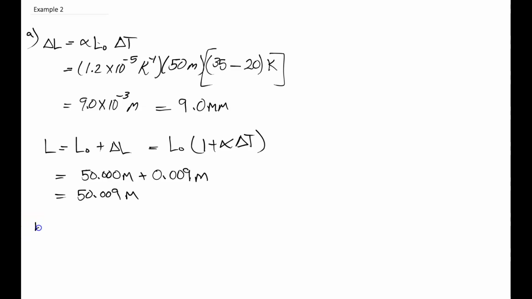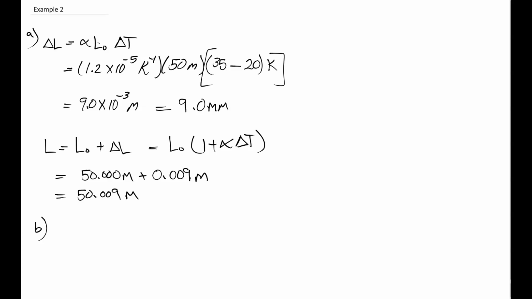And for part B now, we're given a measurement, and we're asked, based on what we found, what is the actual distance if the measurement was 35.794.